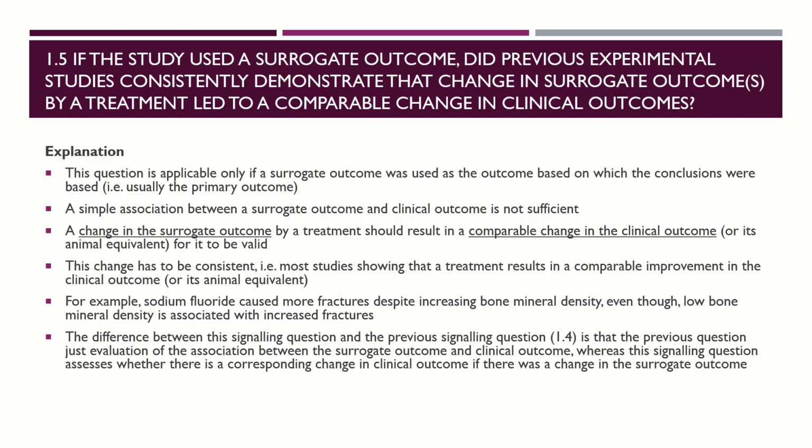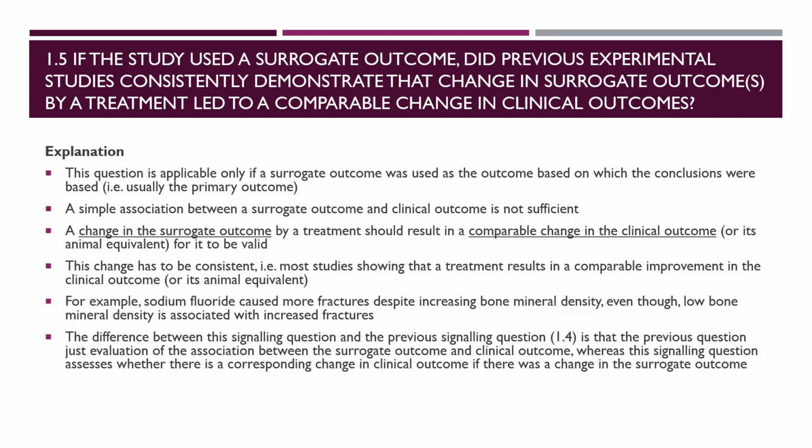For example, in the previous signaling question, you are simply happy if bone mineral density was shown to be associated or shown to have some relationship with fractures. For this signaling question, you need to show that a particular intervention, for example here sodium fluoride, if it increases bone mineral density, it also results in decreased fractures.